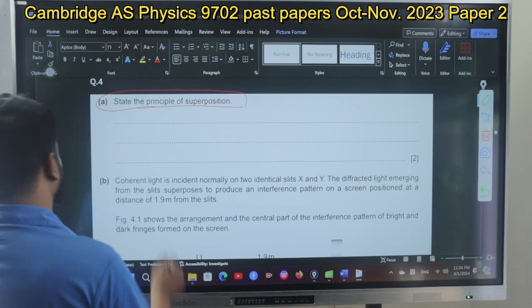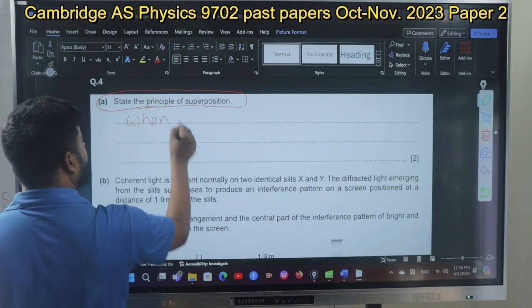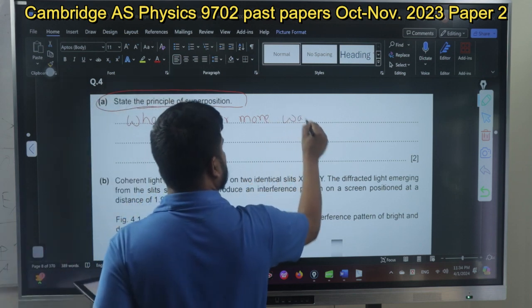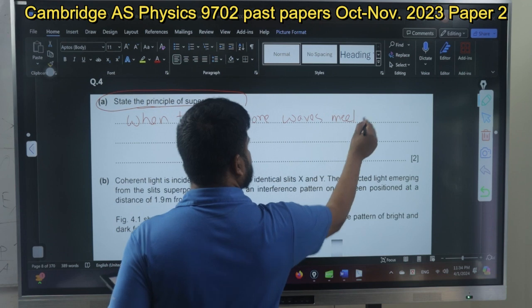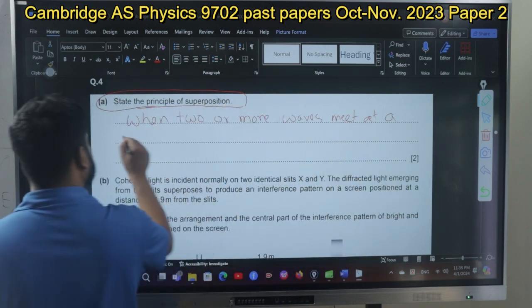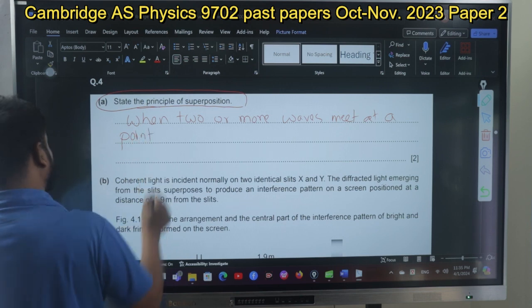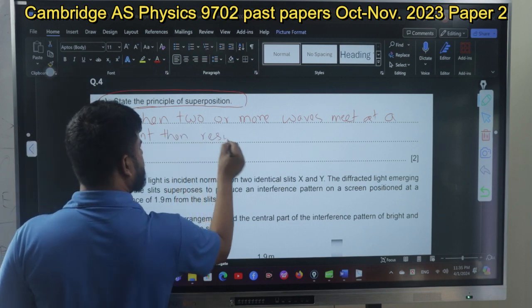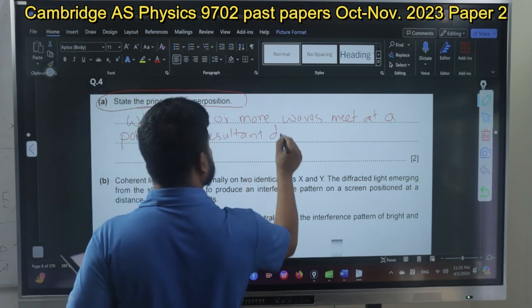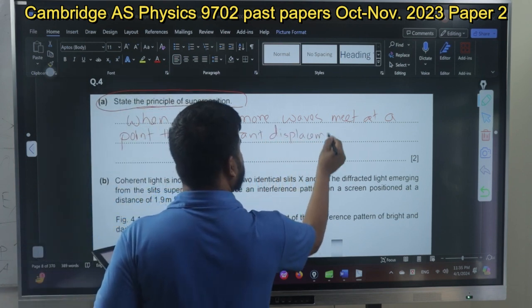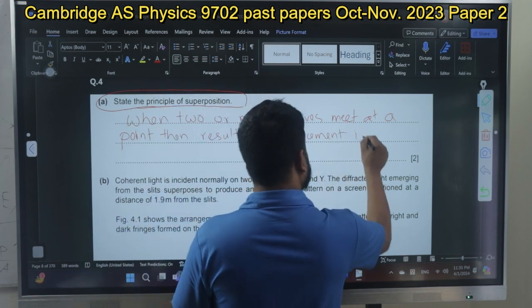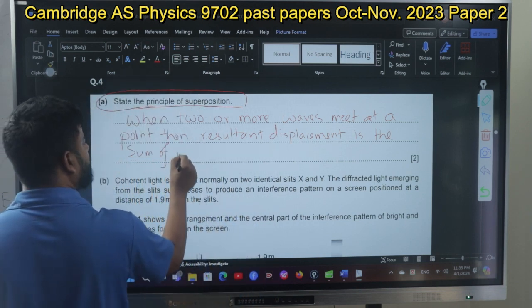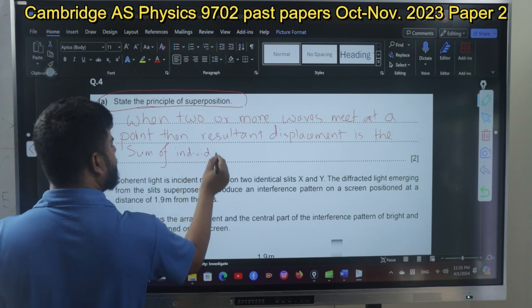When two or more waves meet at a point, then the resultant displacement is the sum of individual displacements.